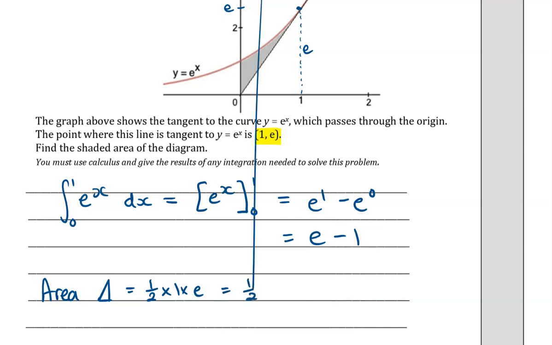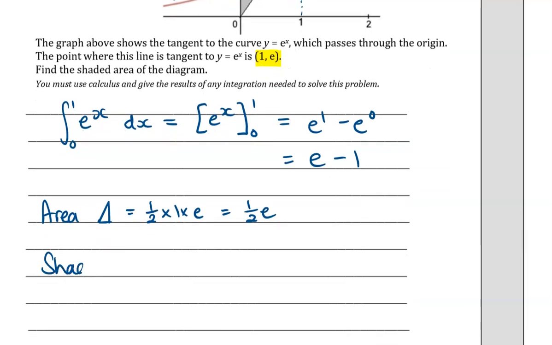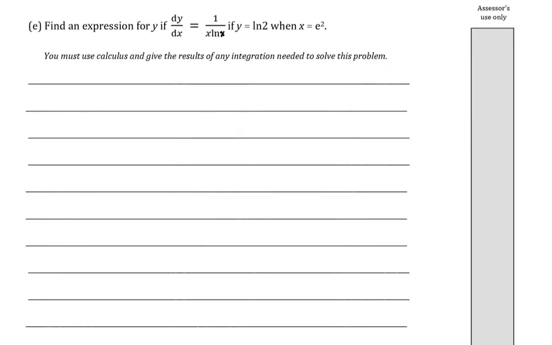So that is half e. So then the shaded area is equal to e minus 1, take away that triangle, and that comes to 0.359.